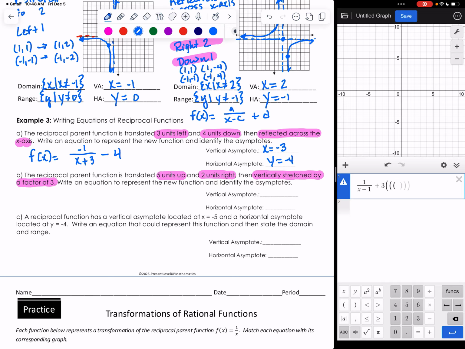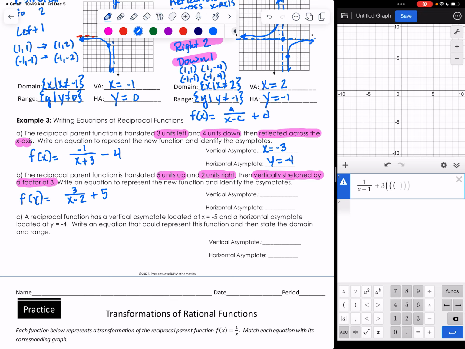So for my new function, f of x would equal, I'm vertically stretched by a factor of 3, so that is my numerator. I'm going 2 units to the right, so x minus 2 is my denominator. I'm also translating up 5, so out to the side, plus 5.